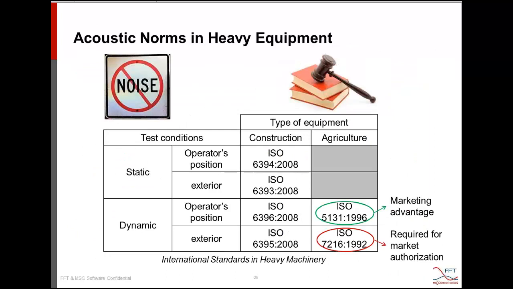So yes, about acoustic standards. There are acoustic standards for construction and for agricultural machineries in static or in dynamic condition. And it is interesting to see that some of the standards are only for a marketing advantage, but others are required for the market authorization.